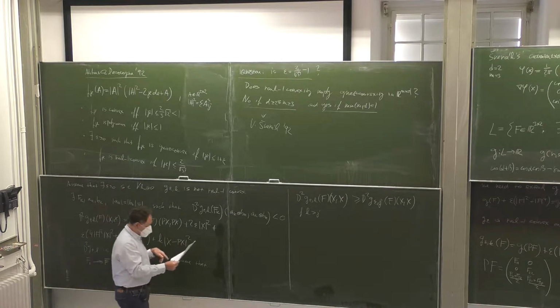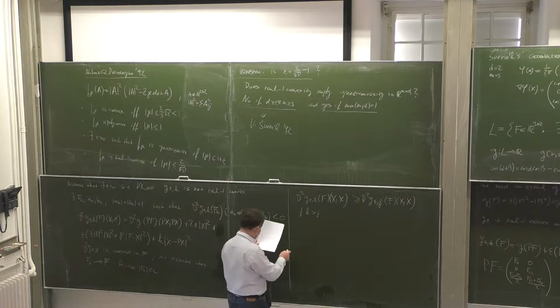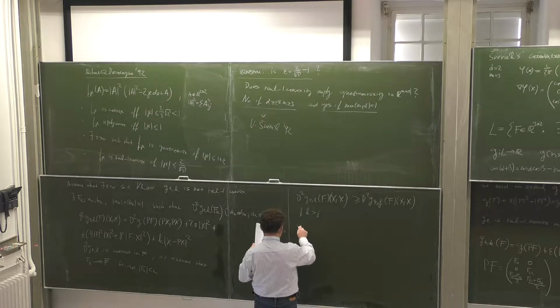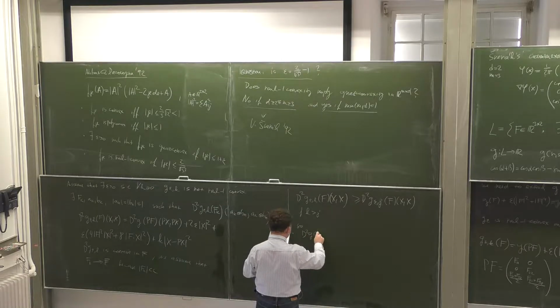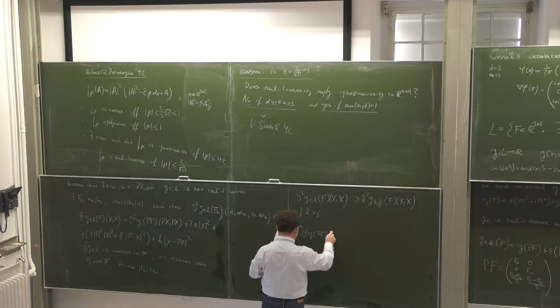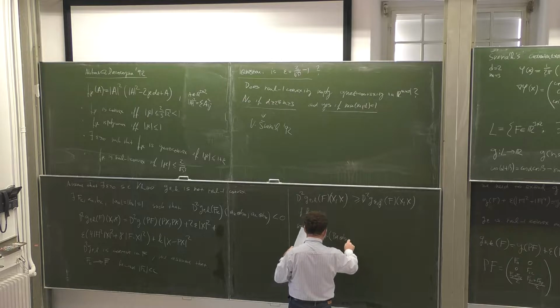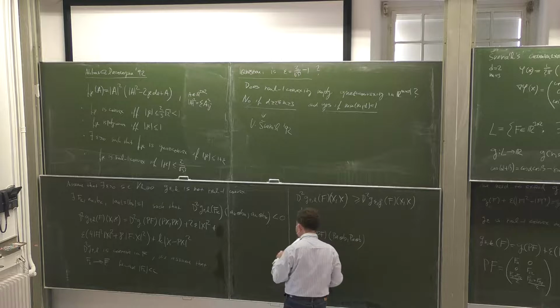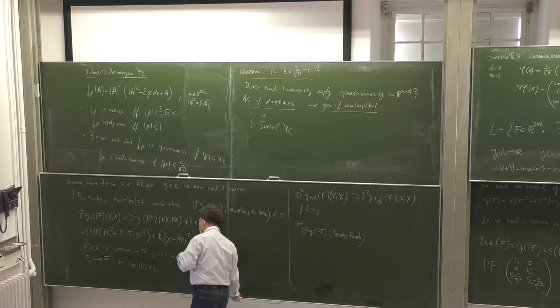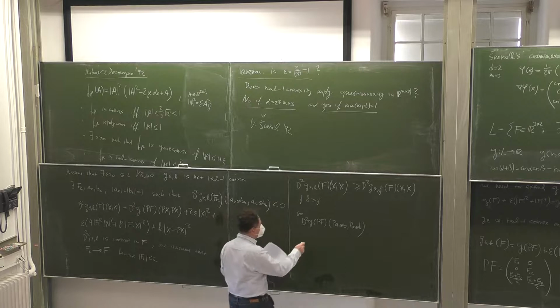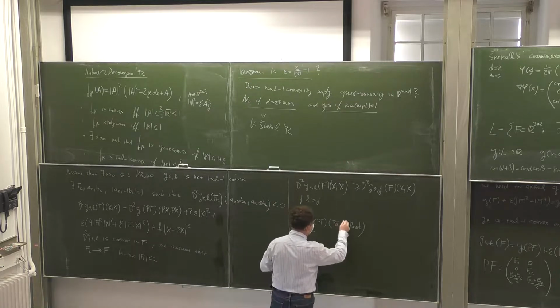So at the end, I get the second derivative of g at the point P, A, P and P, B, where A and B, maybe I put bars here again, if you want, because we also have F with bars.